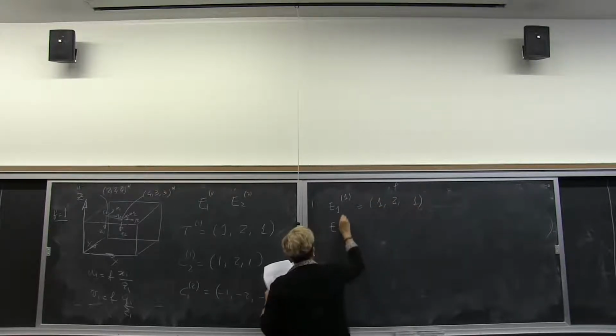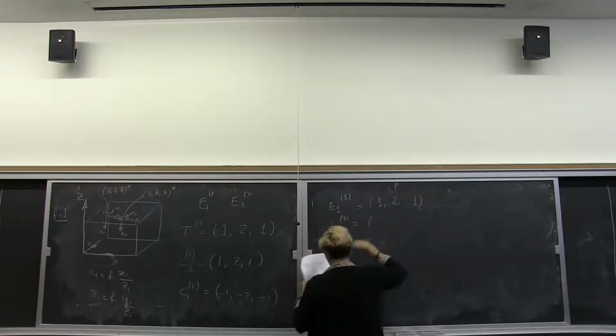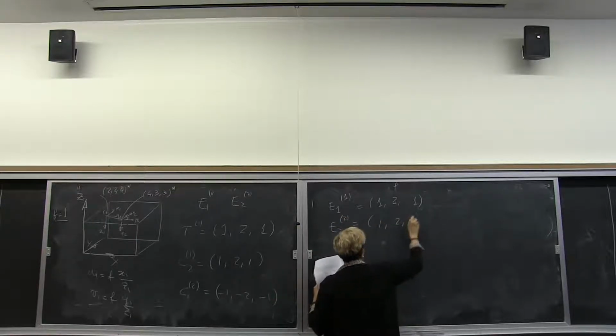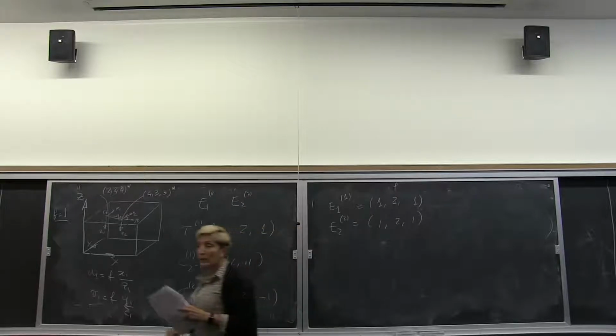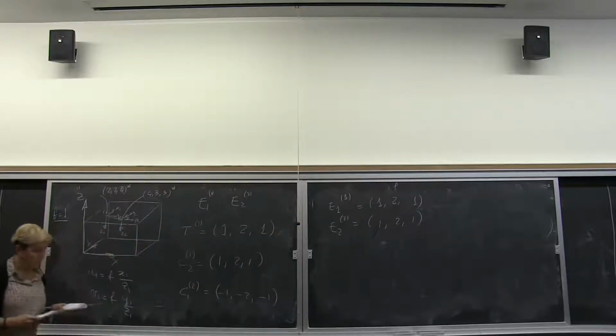And E2 in camera 2 is also equal to 1, 2, 1. Very clear here? Okay.